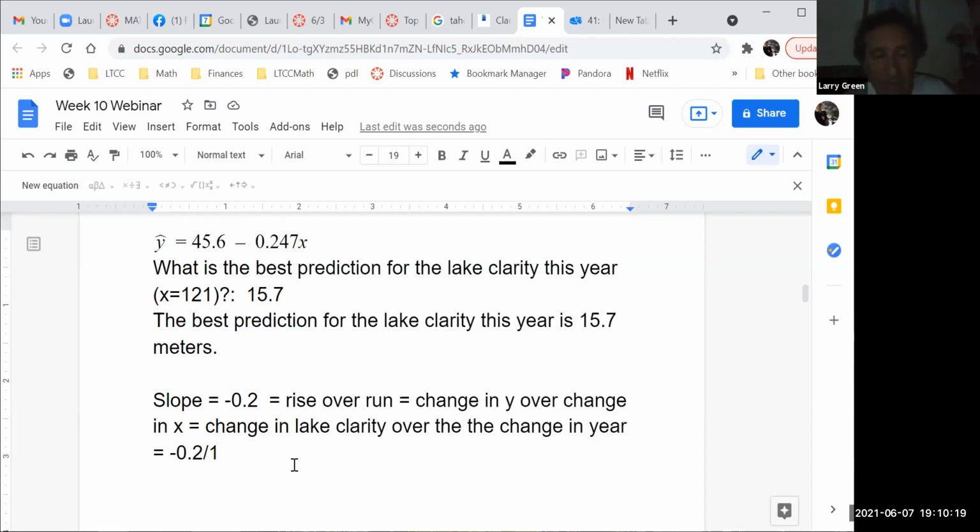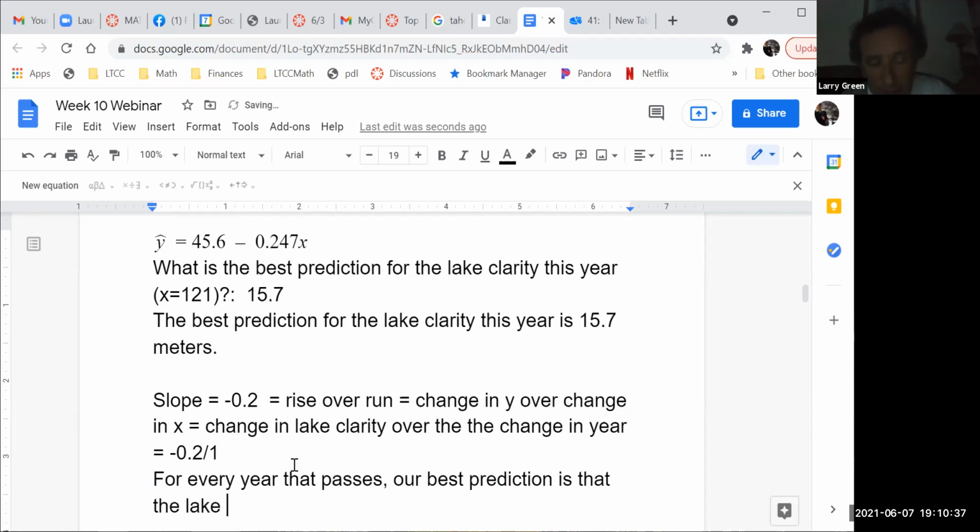So in particular, we can say that for every year that passes, our best prediction is that the lake clarity decreases, negative or decrease, by an average of 0.2 meters.